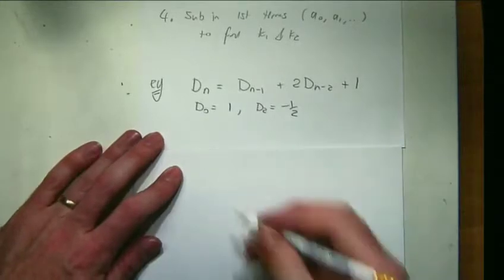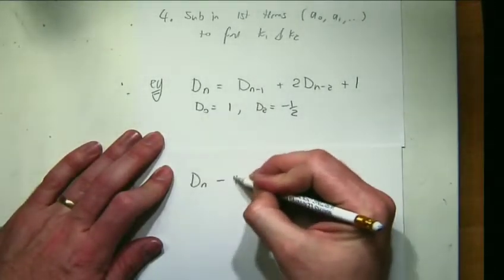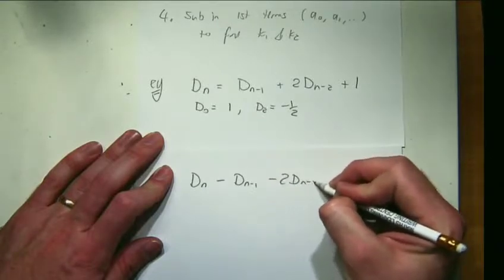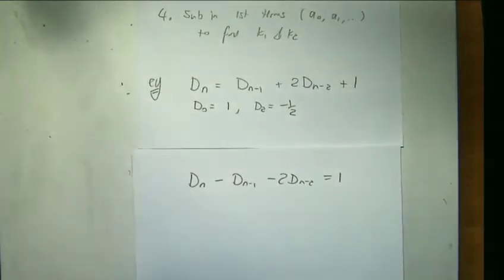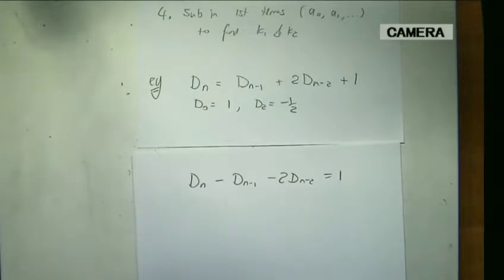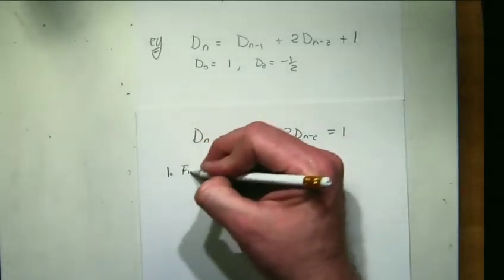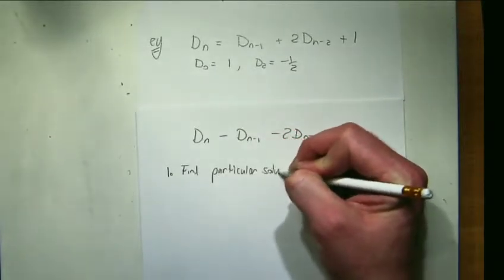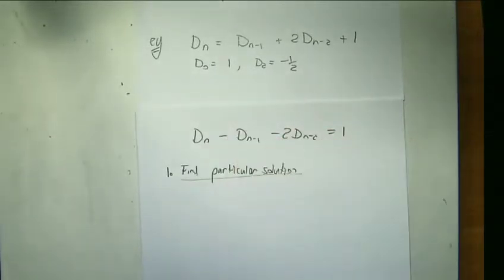That's what my process says. So this is my K here. My C is 1 and my D is 2. Step 1 is to find a particular solution.